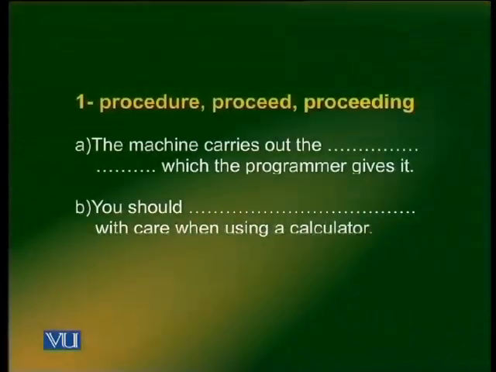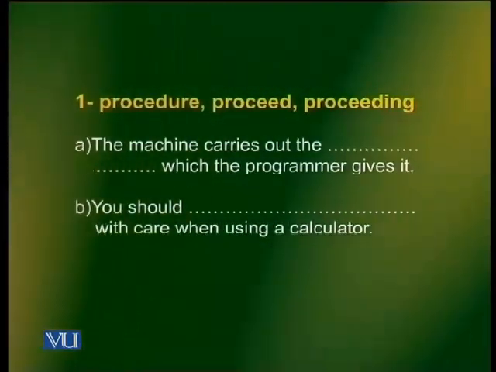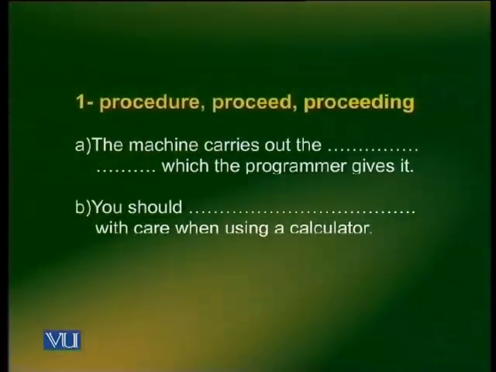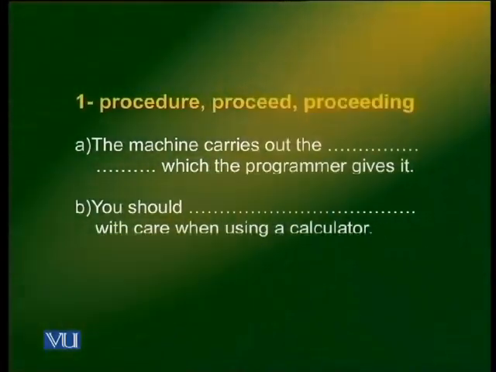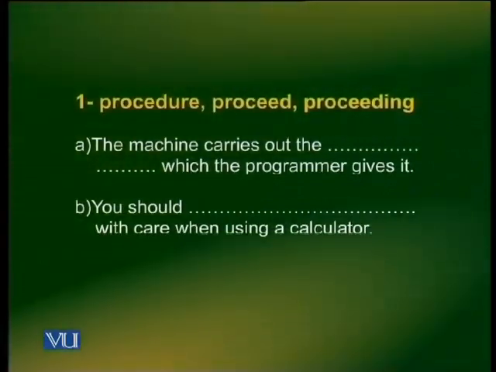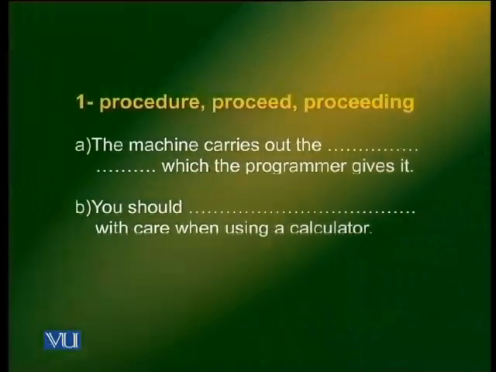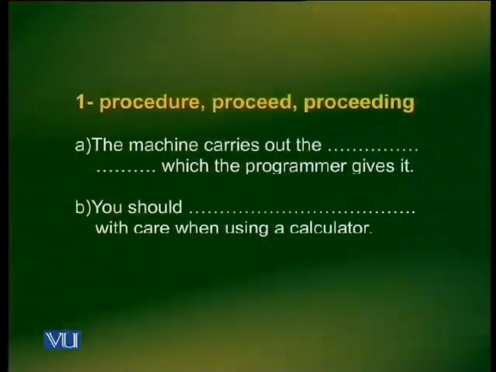And in the next one, you've got 2 words left and you have to choose one. The correct one would be, you should proceed with care when using a calculator.